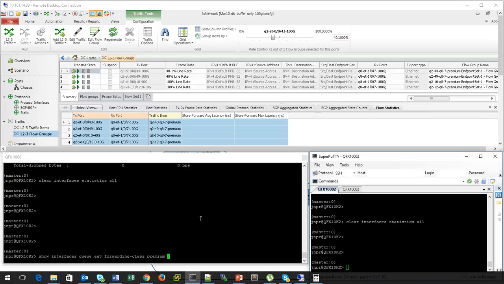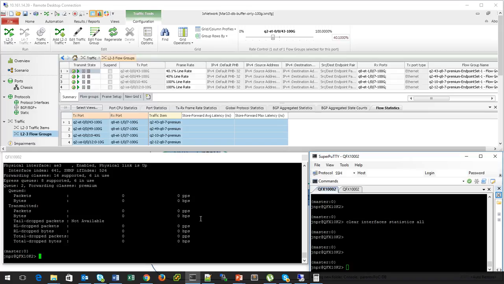I'm going to look into this particular queue. Before I start traffic, I just want to see that all counters are clear. And here we are going to monitor the egress port.